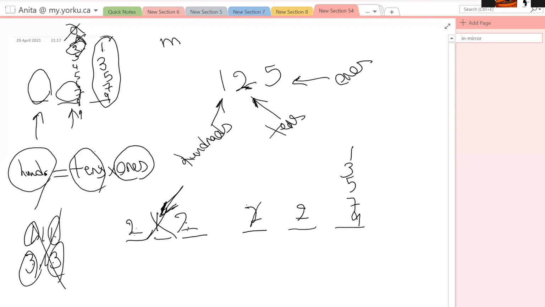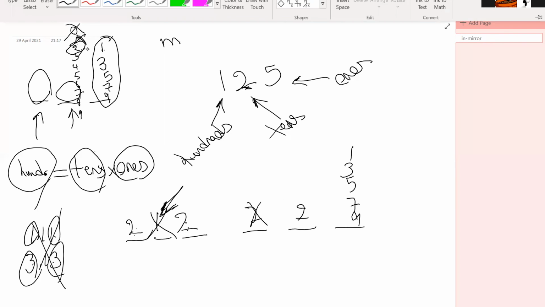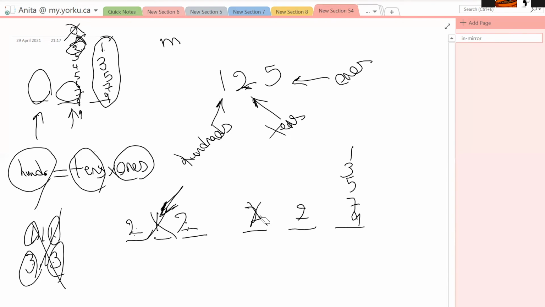It's not going to work because 2 and 2 is going to be repetitive. What I'm saying is that if ones is 1 and tens is 2, then 2 times 1 is going to be 2. Am I right?